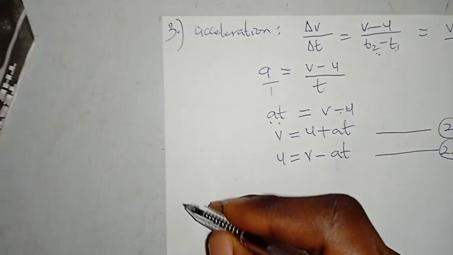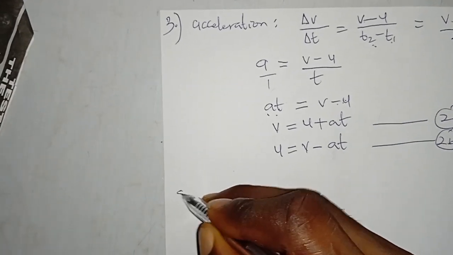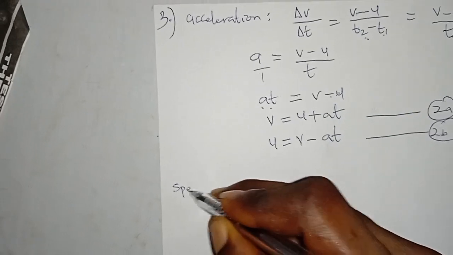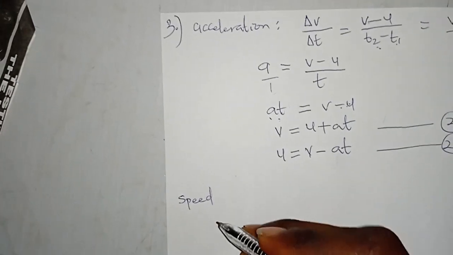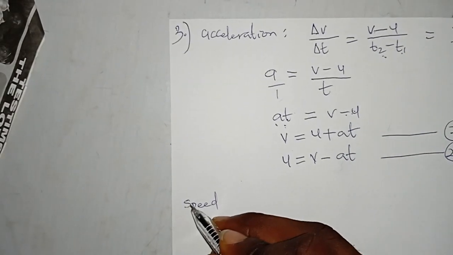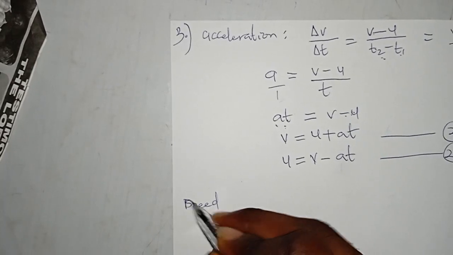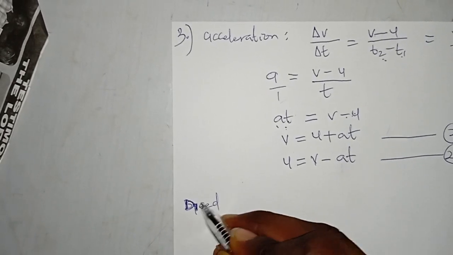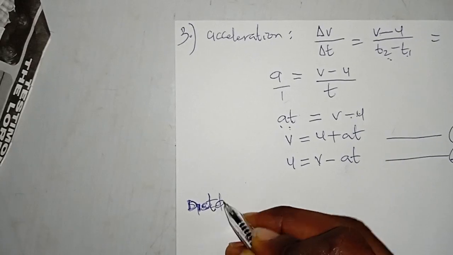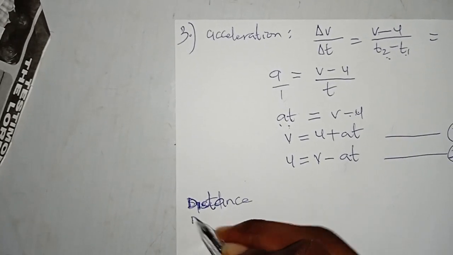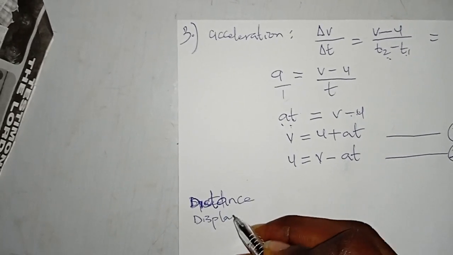So now that we know this, you can quickly notice that it's almost as if we have three strong things. We have speed. Okay, before speed, we have distance and displacement.